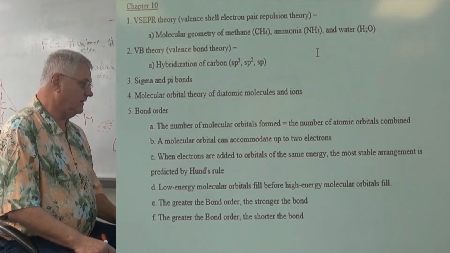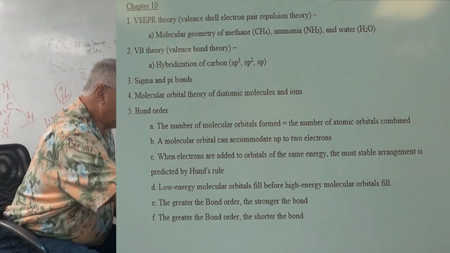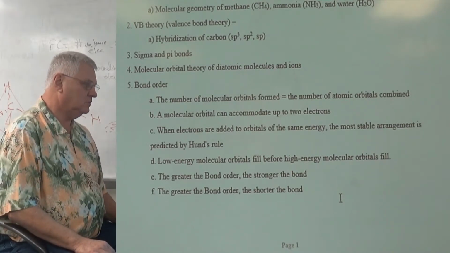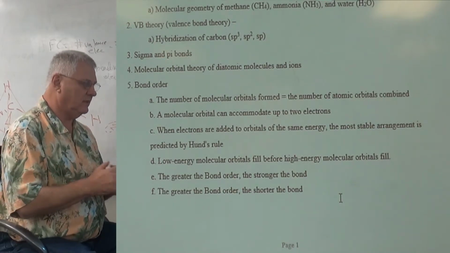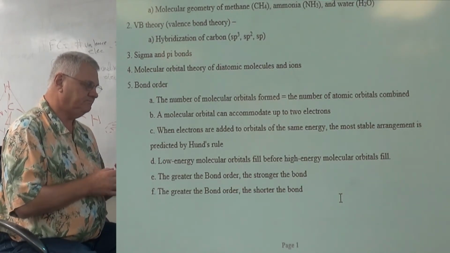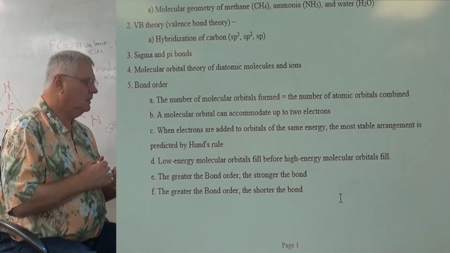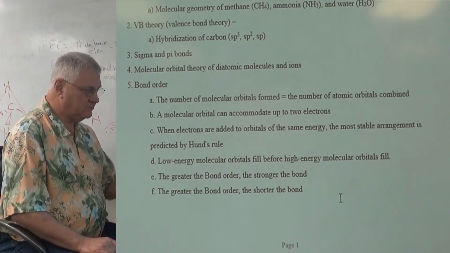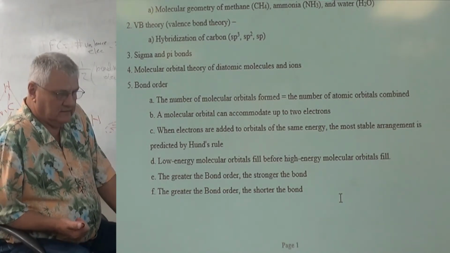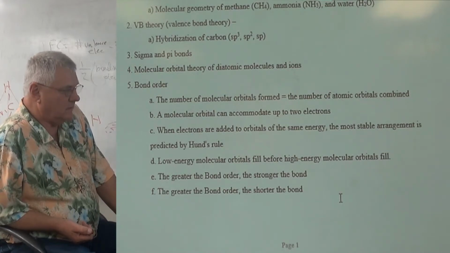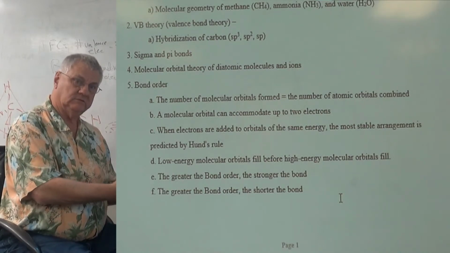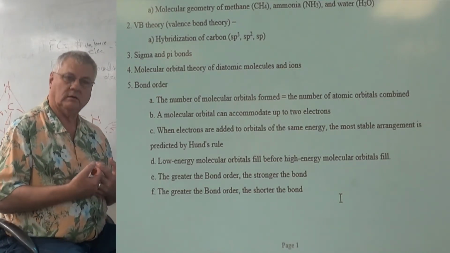Molecular orbital theory of diatomic molecules and ions, and we're kind of keeping it simple. Even though we're only looking at diatomic molecules, the only ones we're really concerned with are elements. And we're going to talk a little bit today, as we go through this review, on ions, because you've got to think about what's going on when you have a diatomic ion versus a diatomic molecule.